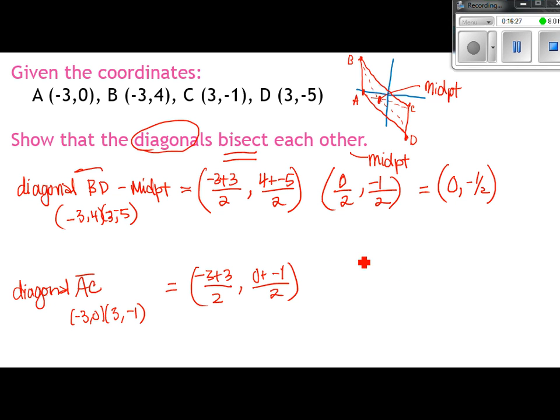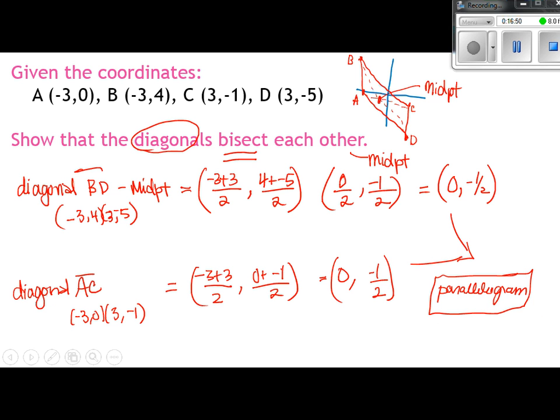Negative 3 plus 3 is still 0, and 0 divided by 2 is still 0. 0 plus a negative 1 is negative 1, divided by 2 is negative a half, and so the midpoint is (0, -1/2). And because these midpoints are exactly the same, then we can say that this is a parallelogram.